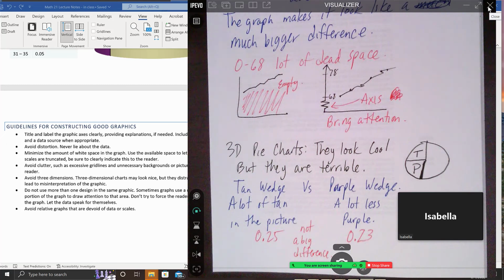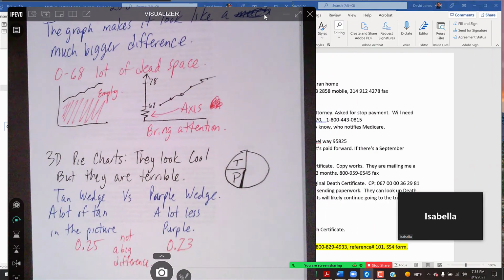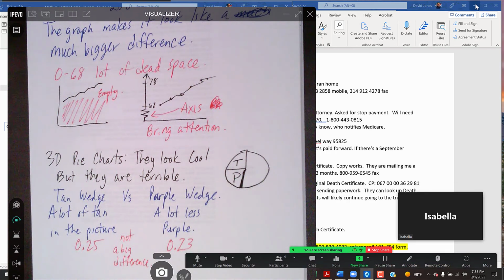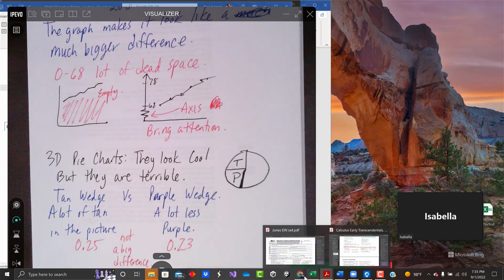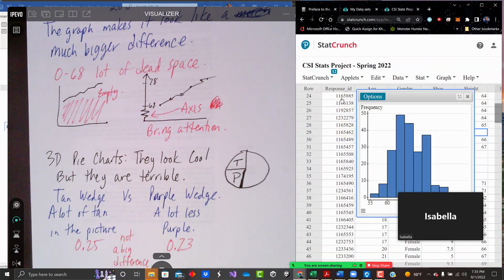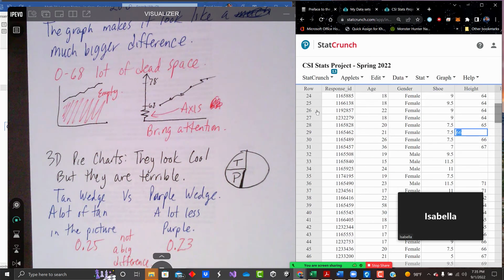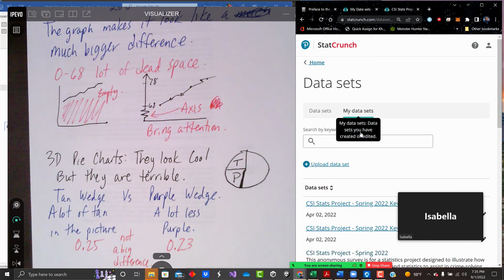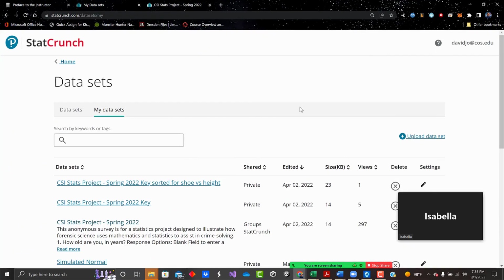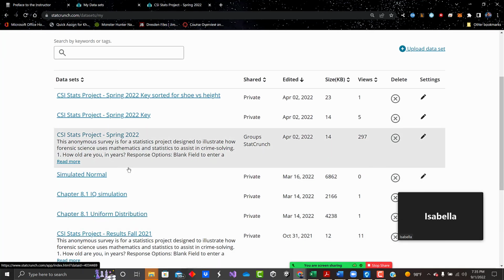You can do it with your own data, or if you actually want to play around with this data set, let's see. Let me see if I'm sharing it.